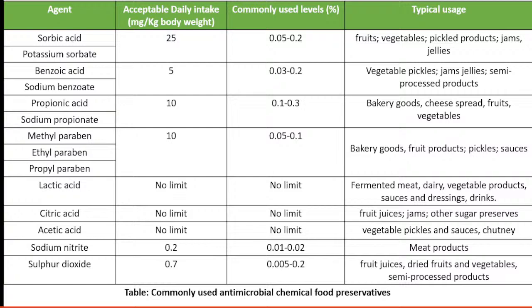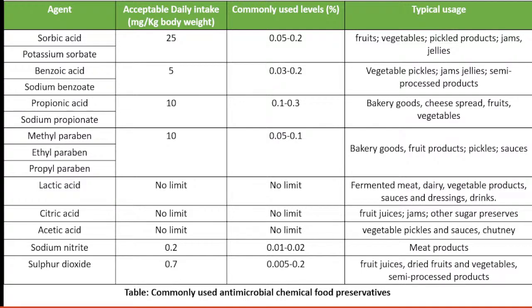So we have the sorbates, mainly sorbic acid and potassium sorbate. The acceptable daily limit is 25 milligrams per kg body weight. The commonly used levels are 0.05 to 0.2%. It is typically used in fruits, vegetables, pickled products, jams and jellies.